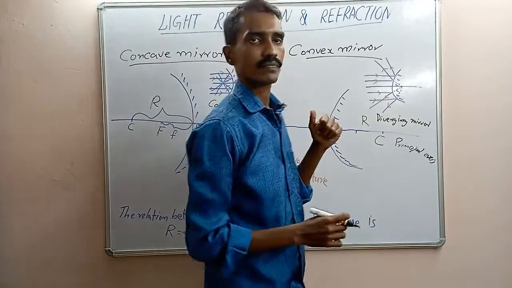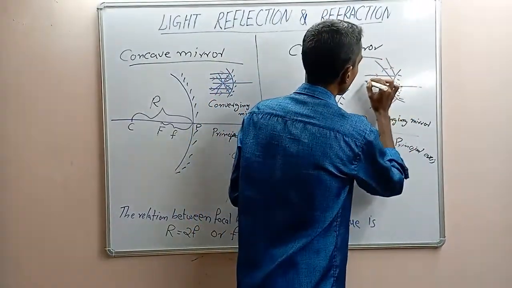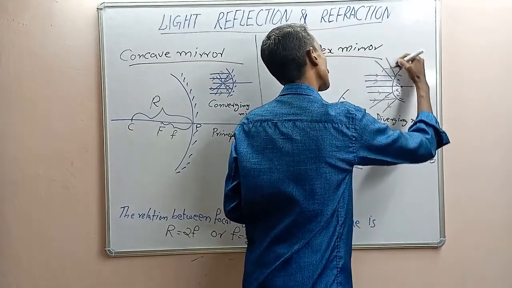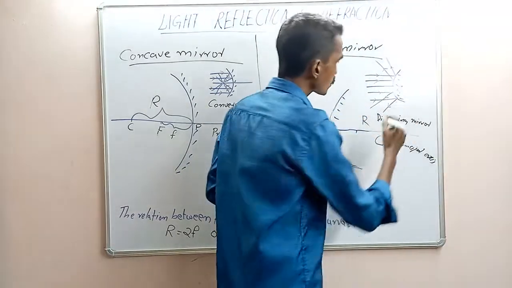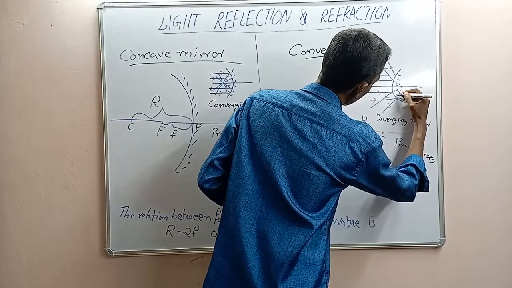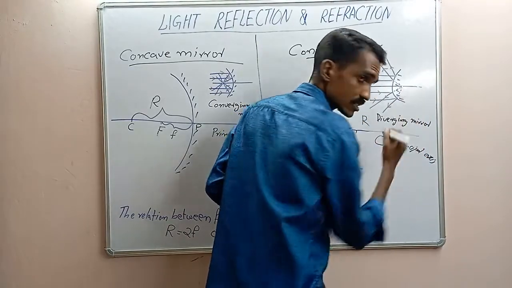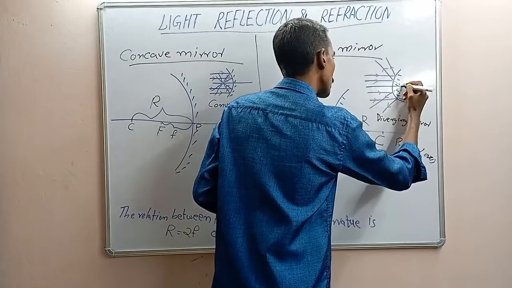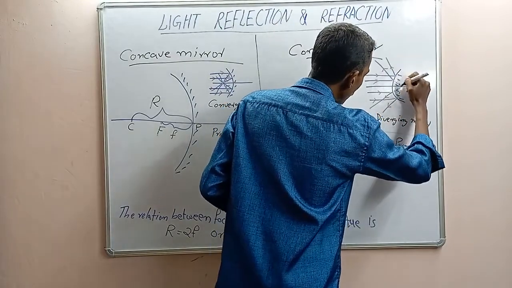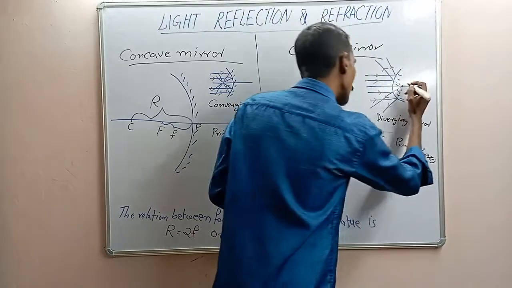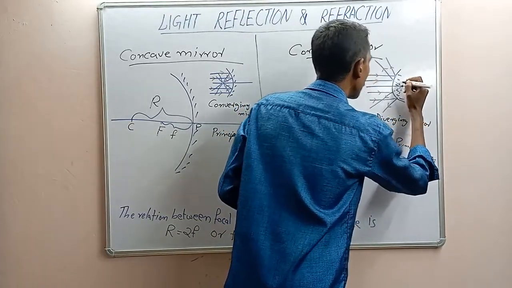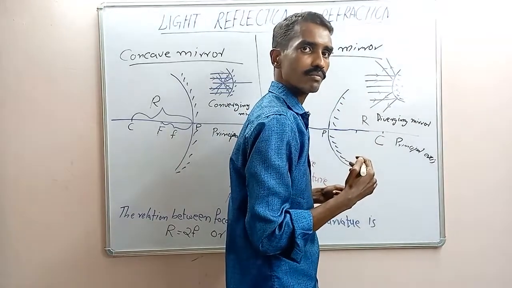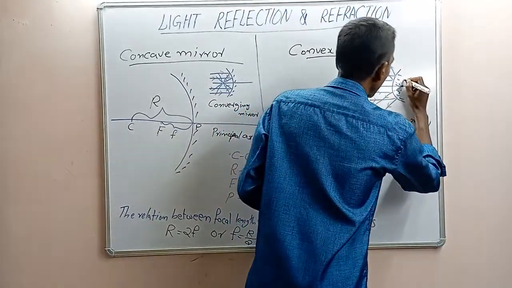Imagine parallel rays coming towards the convex mirror, and all the reflected rays move outward. They imaginarily meet in a particular point, actually they do not. From that particular point, all the reflected rays appear to originate. That particular point is known as the focus.